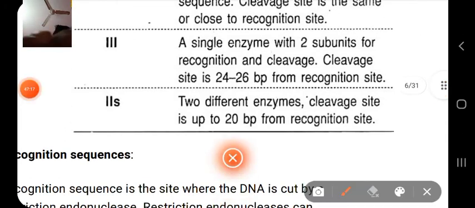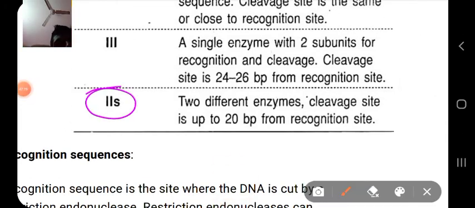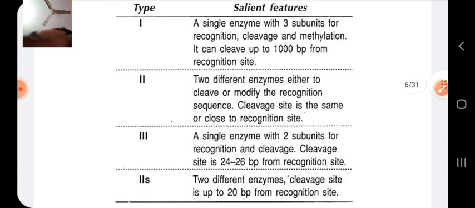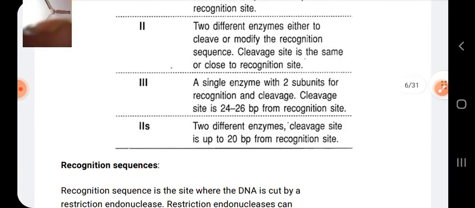The last is type 2S restriction enzyme. Cleavage site is up to 20 base pair from the recognition site.